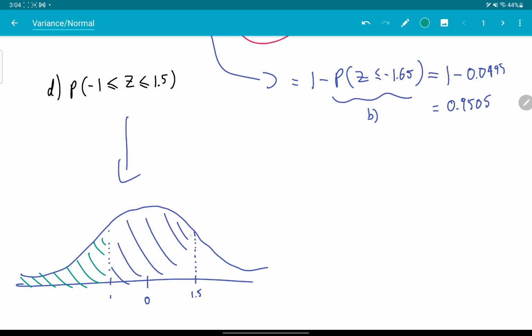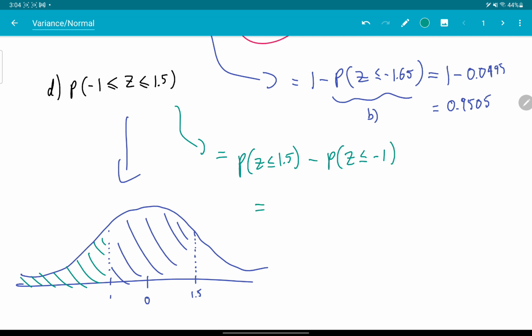I'm going to take this area and then subtract this area here. So that is equal to probability Z less than or equal to 1.5 minus the probability Z less than or equal to negative 1.